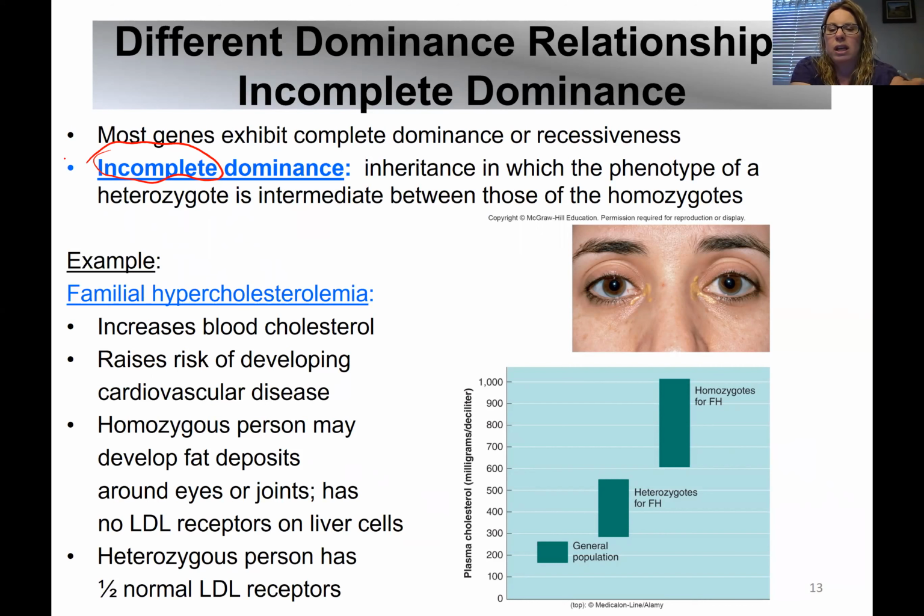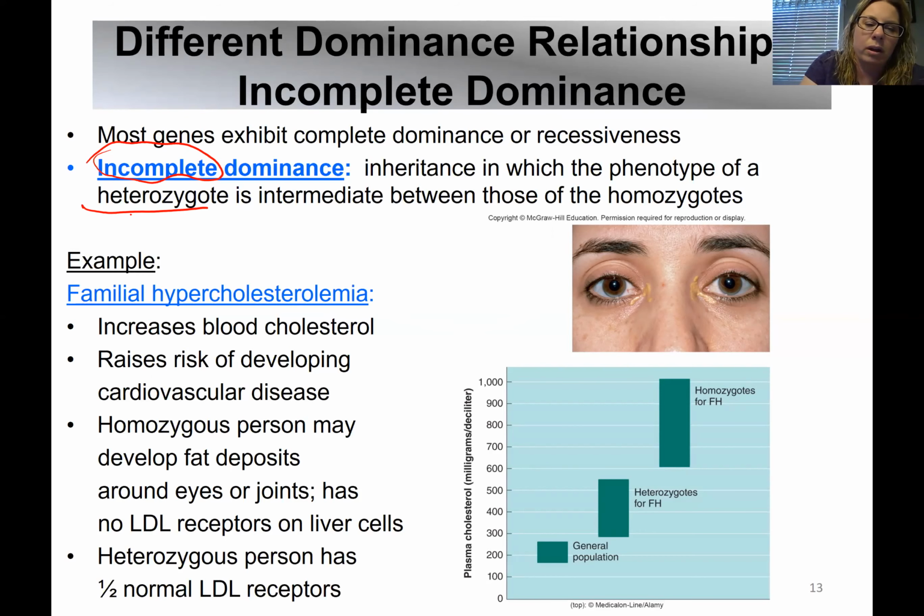So in the cystic fibrosis and Huntington's disease example, there's complete dominance. The dominant allele is completely dominant and completely masks the recessive allele, but not in all traits. Incomplete dominance is when you have a heterozygote.